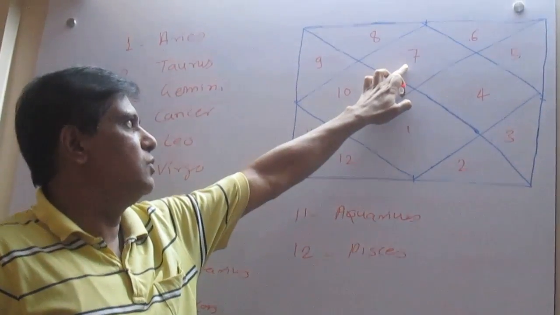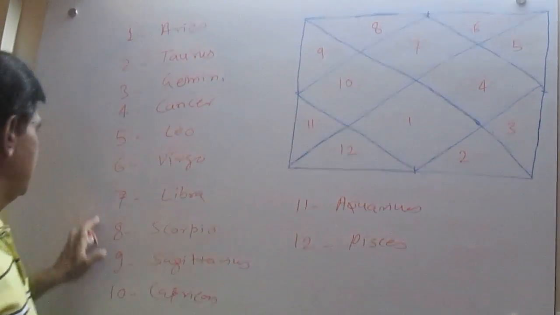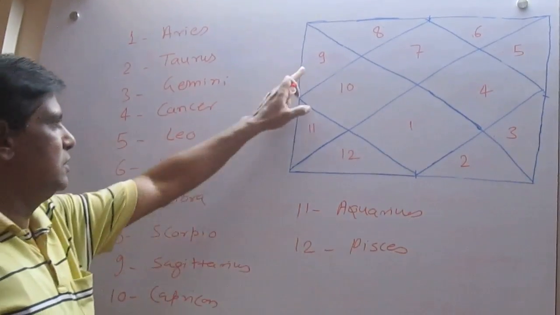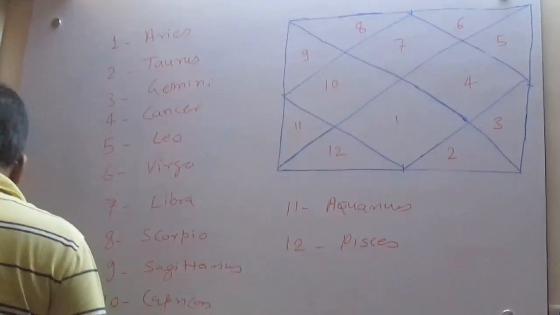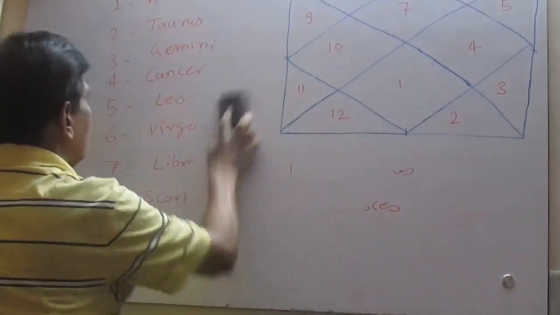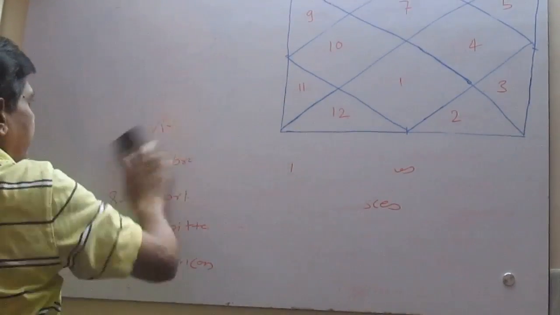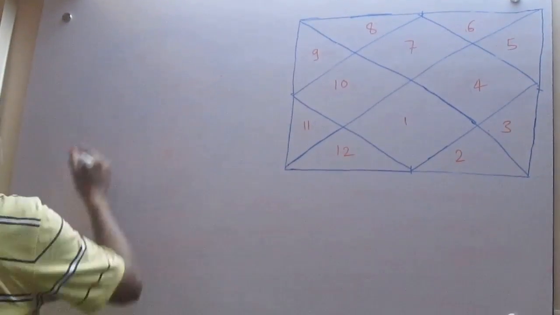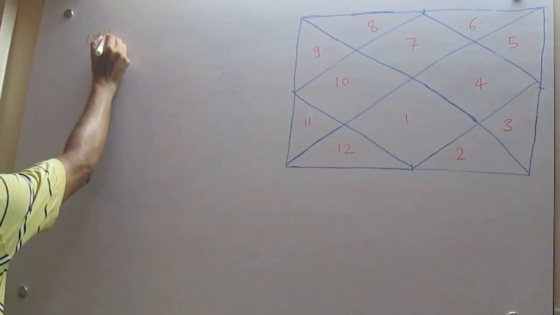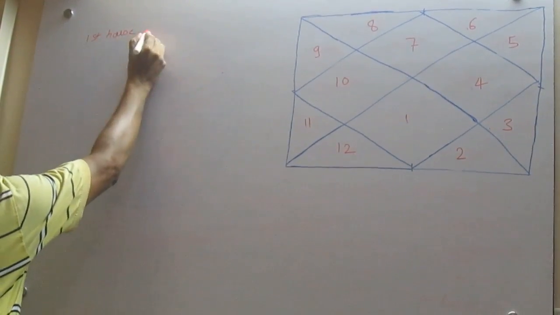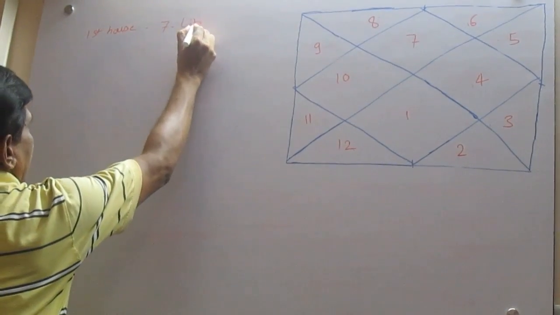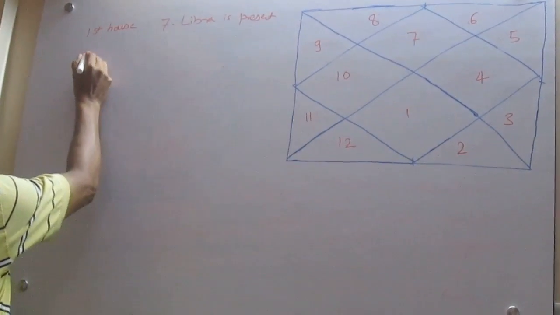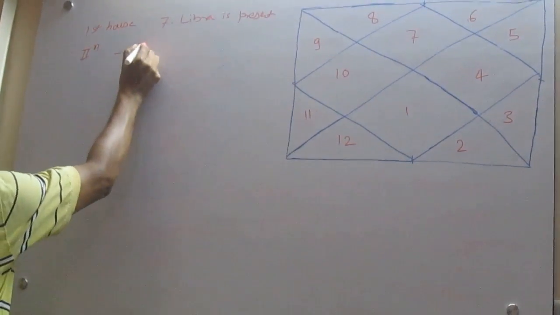So in the first house, the 7 number rashi, which is Libra, is present. In the second house, 8 number Rashi, Scorpio is present, and so on. So I will write here. First house, Libra is present. Second house, Scorpio.